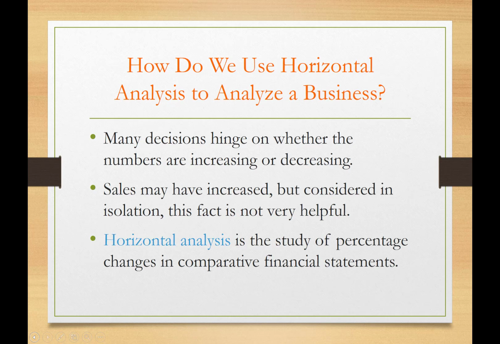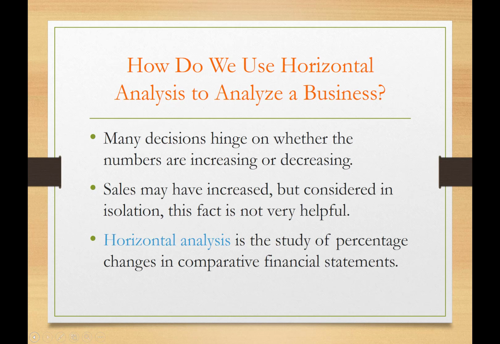But if our cost of goods sold is actually going higher than our sales, then something might be we have to look at there. So just because one amount may be either increasing or decreasing, it doesn't really matter too much. And you can see from the second bullet point here, sales may have increased, but considered in isolation, this fact may not be very helpful.